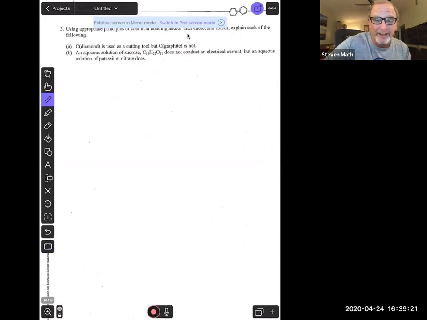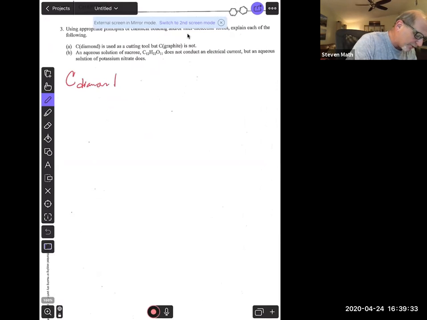3 was new. It said diamond's really hard and it can be used as a cutting tool. Graphite is not. How come? And explain this in terms of chemical bonding. So what we say is carbon as a diamond, that is very unique.